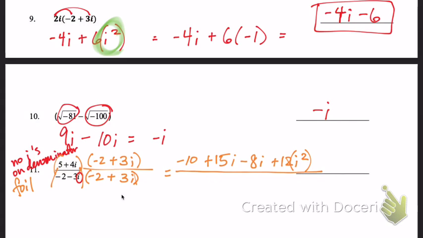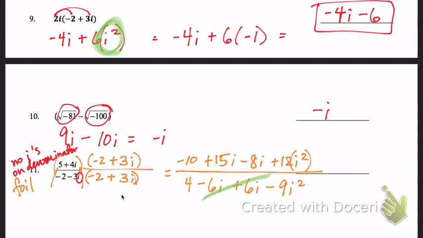So whenever I FOIL this, I'm going to show you how the middle term ends up canceling out. And that's what it takes in order to get rid of the i's. So when I FOIL this, I get positive 4 minus 6i plus 6i minus 9i squared. The reason why I multiply by the conjugate or the opposite is because these middle two terms end up canceling out. And that's how I get rid of the i's on the bottom.